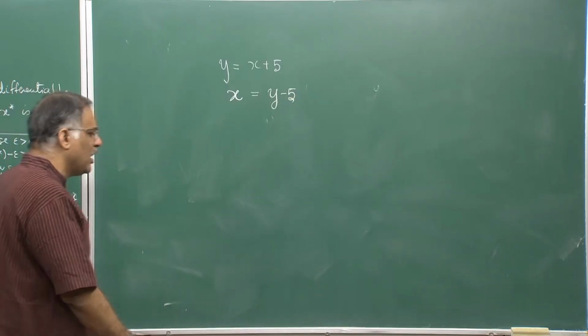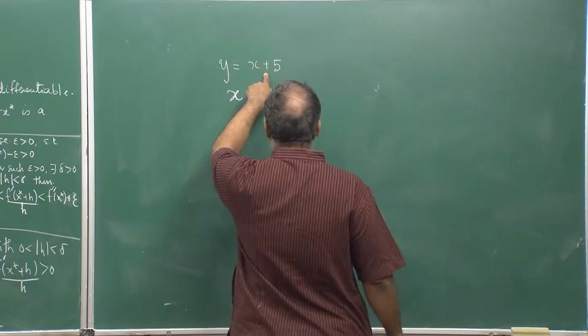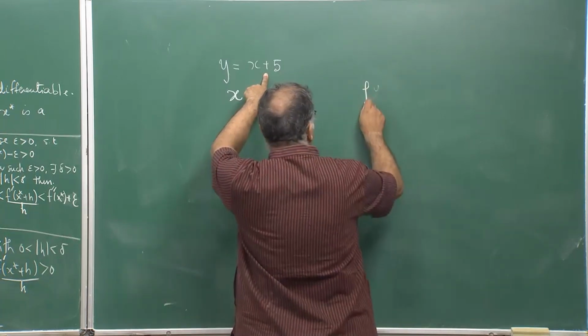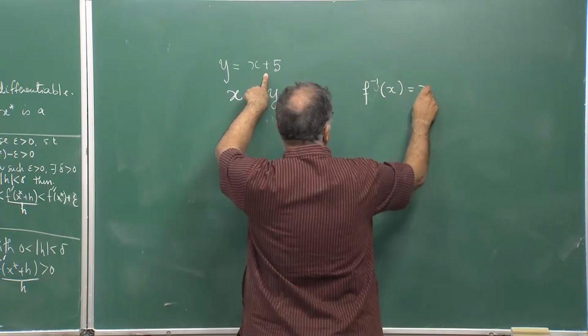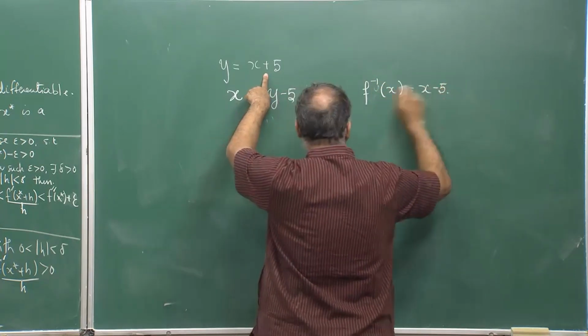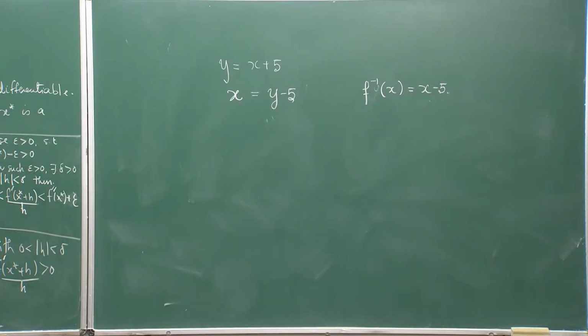If somebody asks me, it is traditional in mathematics to tell the inverse function corresponding to this function, I will say f inverse of x is x minus 5. Actually this is y, but these are dummy variables, so this is a traditional way of writing it.